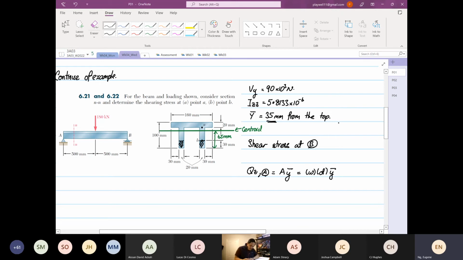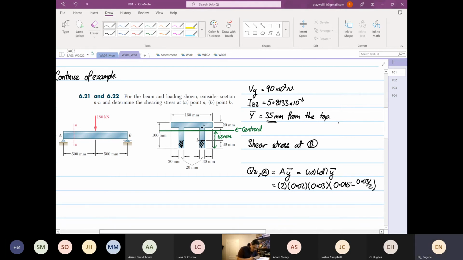So we find the first moment of area. Because there are two webs, one on the left, one on the right, you multiply by 2. The width is equal to 0.02, the depth is equal to 0.03, and the distance y bar is equal to 0.065 minus 0.03 divided by 2.